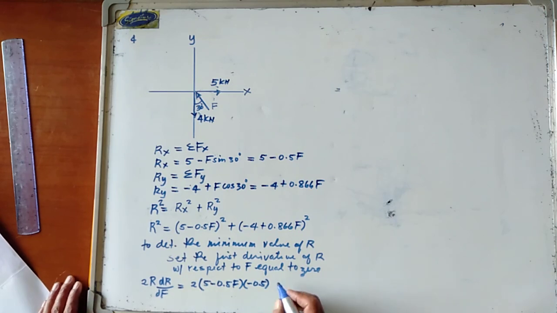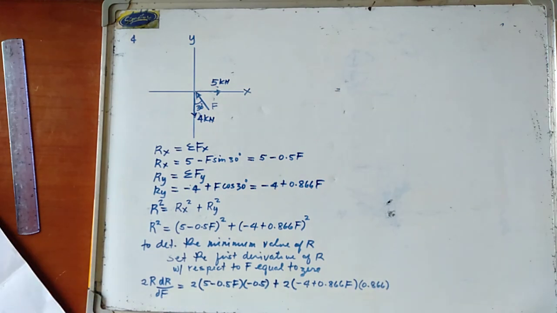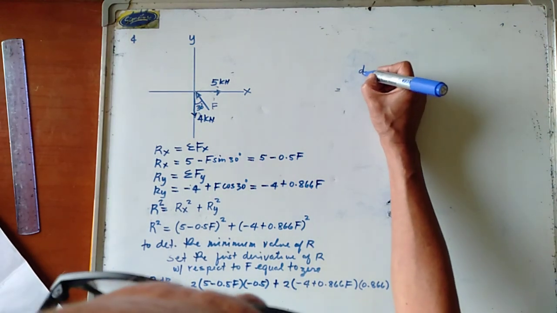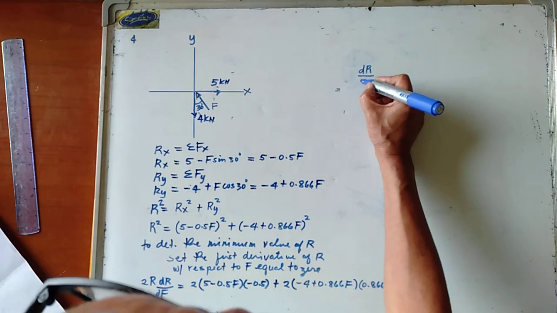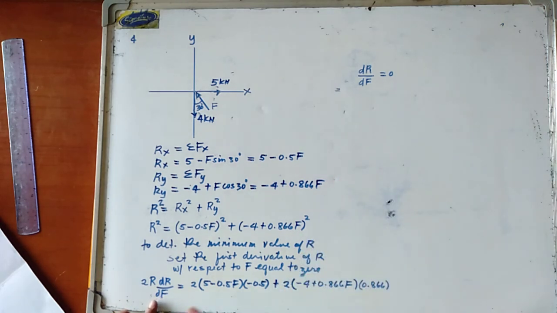Plus 2 multiplied by negative 4 plus 0.866 F, multiplied by 0.866. Now, we set the first derivative of R with respect to F equal to 0. So, substitute this value in this equation.